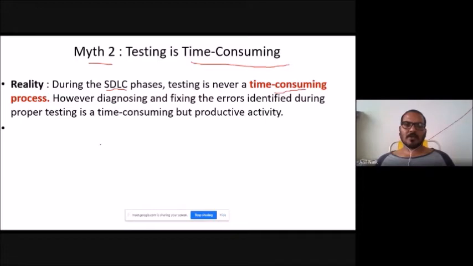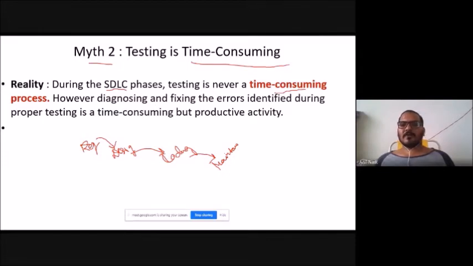If we follow the SDLC phases: requirement, designing, coding, deployment, maintenance, phase-wise, then testing is not time consuming.